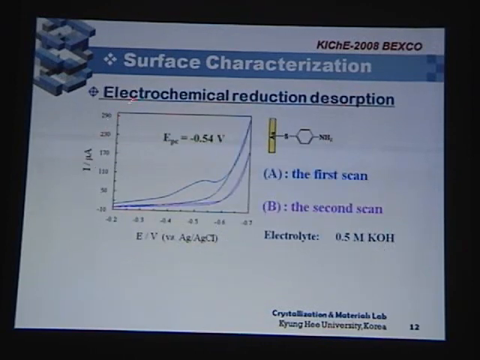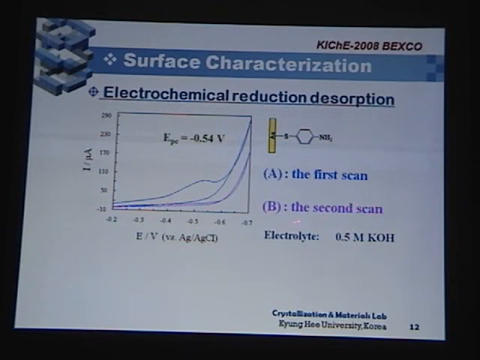And this is the electrochemical reduction desorption results. For the first scan, we can see a cathodic peak at about minus 0.54 volts. This is due to the reduction desorption of ATP from the gold surface.